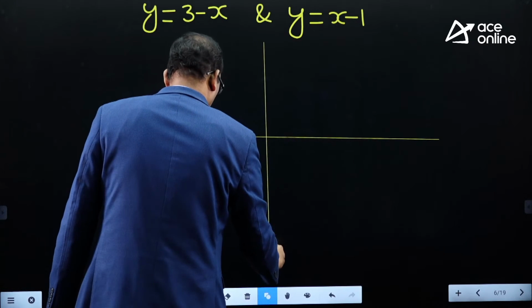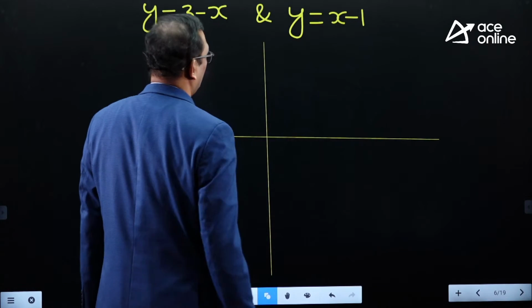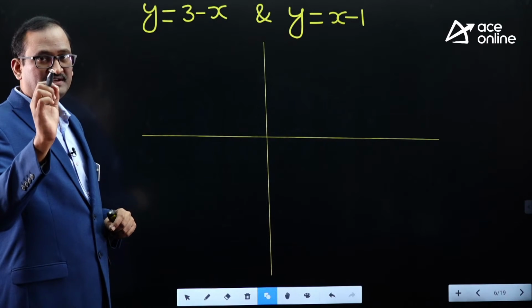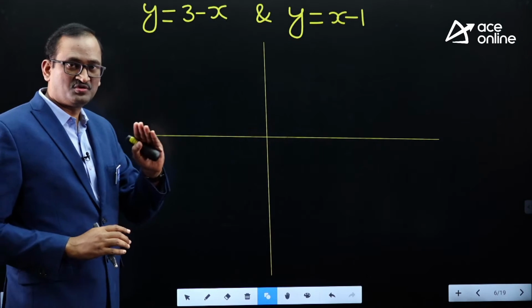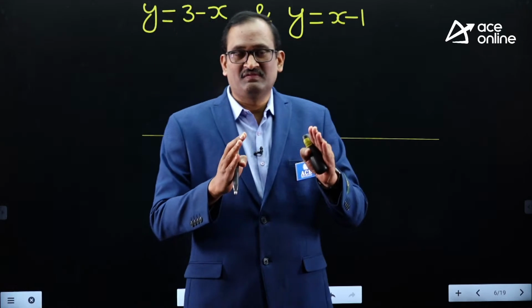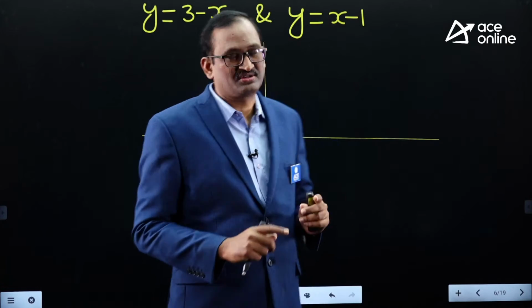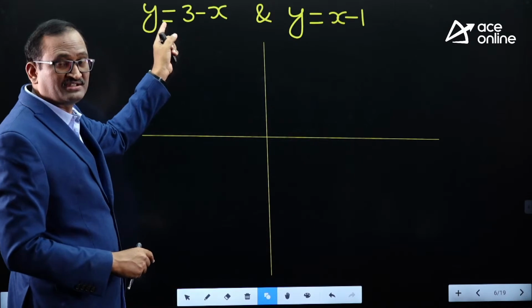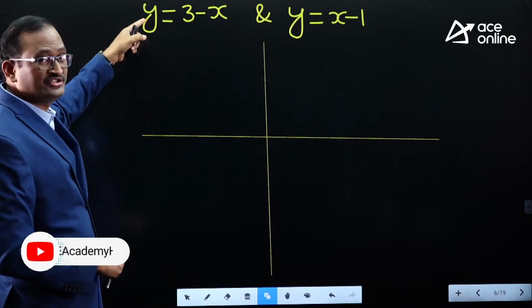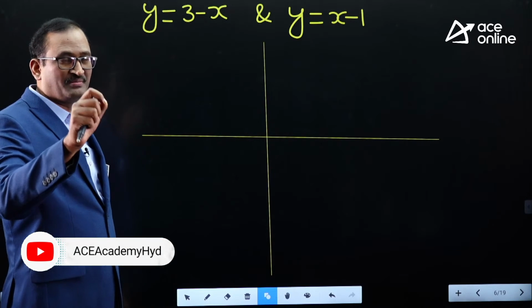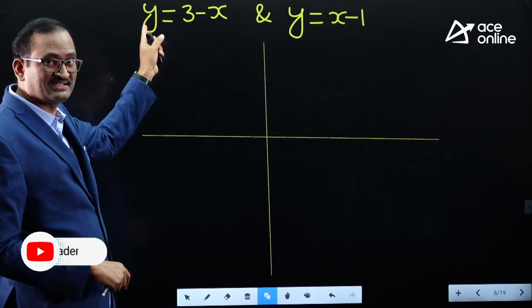X-axis as well as y-axis. Now remember, to know where the curve touches x-axis, substitute y equal to 0. Then you will get x value. To know where this curve touches x-axis, put y equal to 0, 3 minus x equal to 0, x equal to 3. Means this line will touch x-axis at 3.